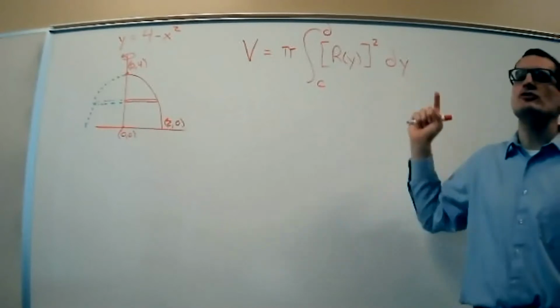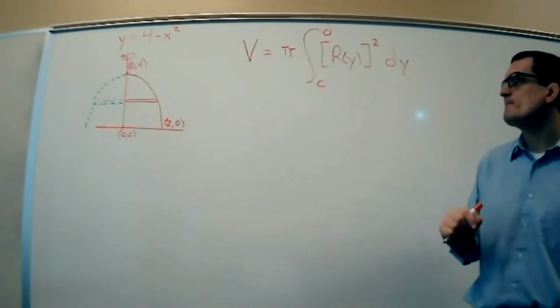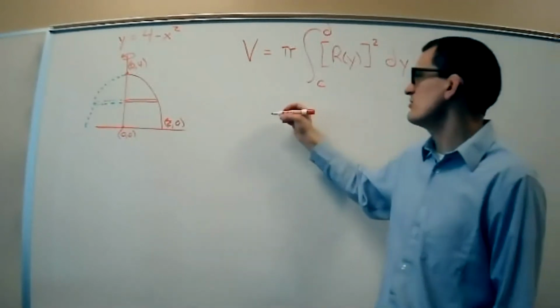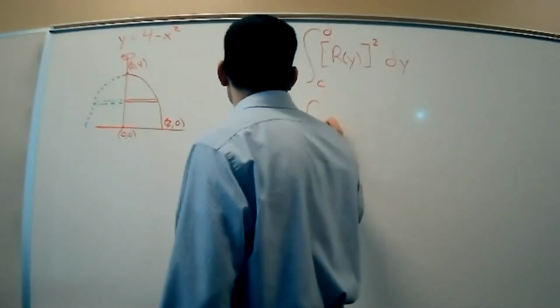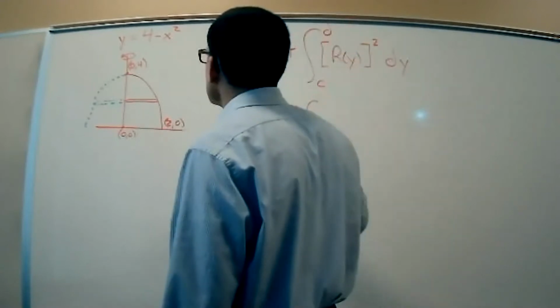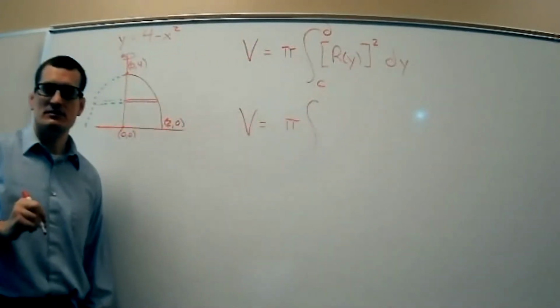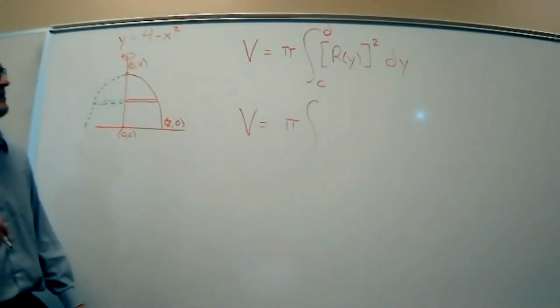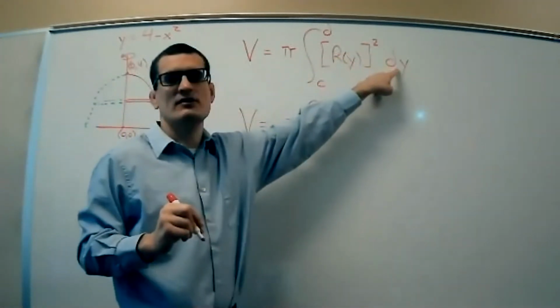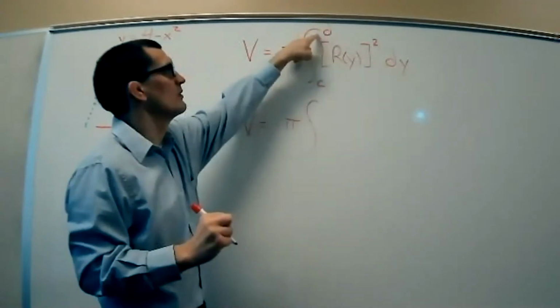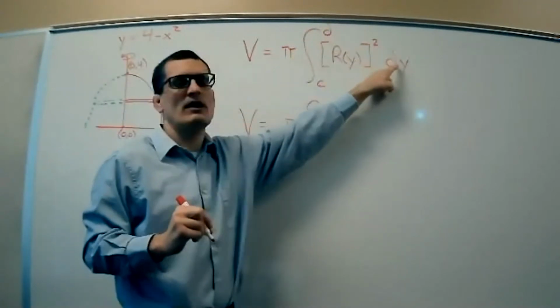So when we do things with respect to y, my bounds have to be y values. This is saying, where do you start in the y sense, and where do you end in the y sense?